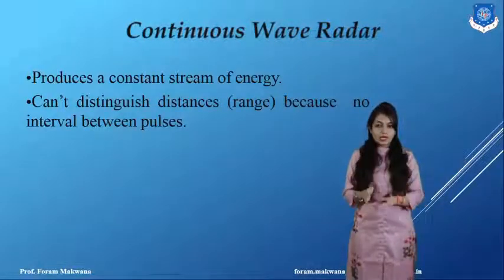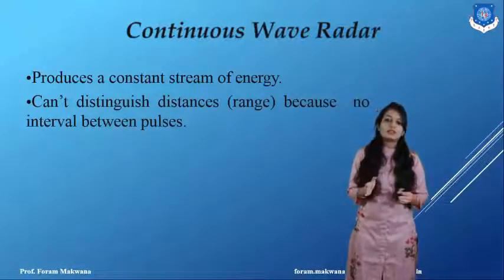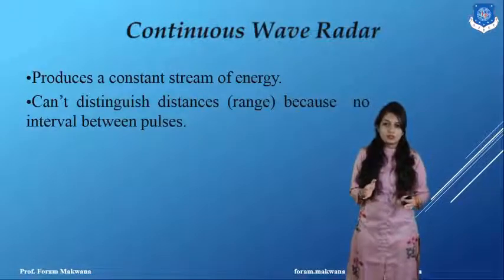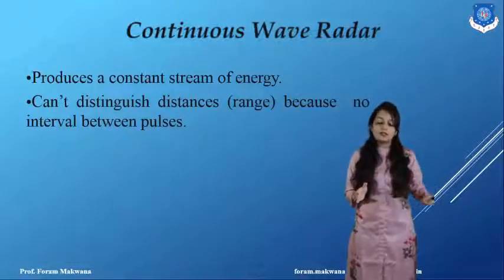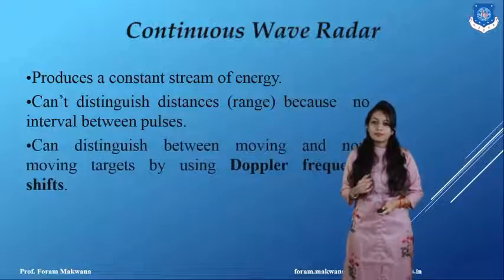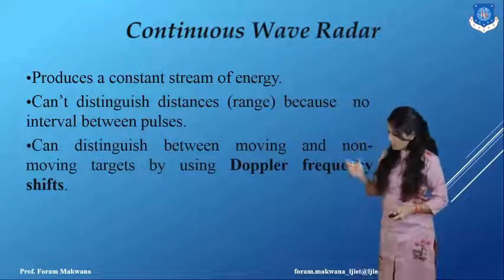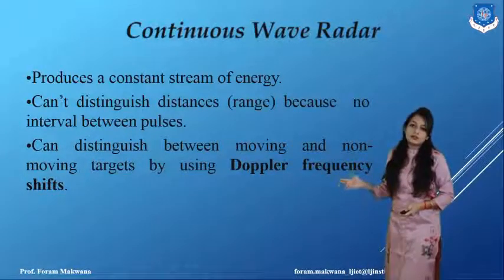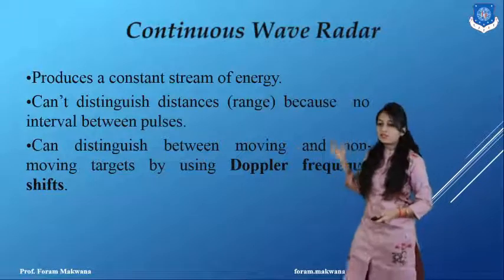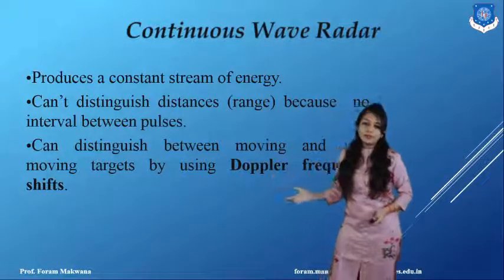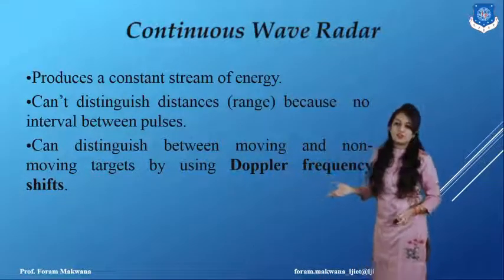So we can't distinguish a distance, or range, because there is no interval between the pulses. Third, we are able to distinguish moving and stationary targets with the help of the Doppler frequency shift.